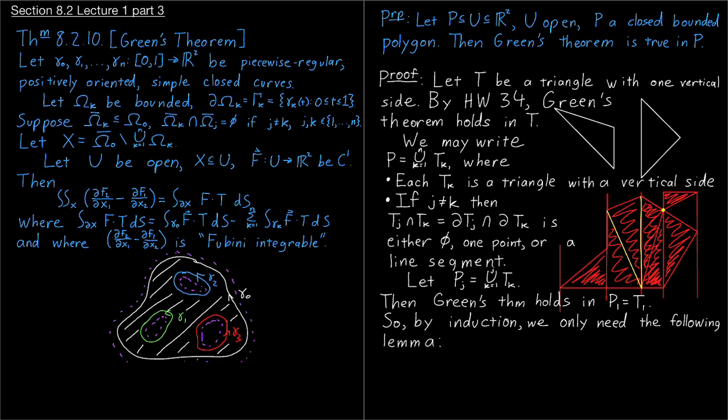So I will state the lemma. You should think about why it's enough to give you Green's theorem in a polygon, and then at the start of the next video, I'll prove the lemma.